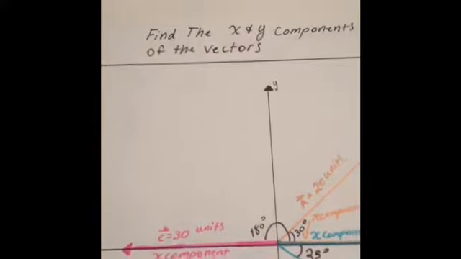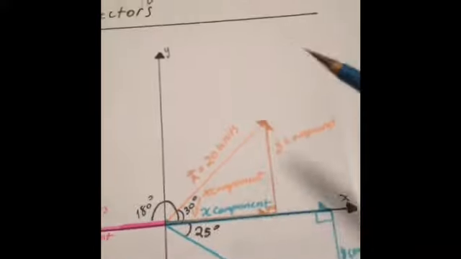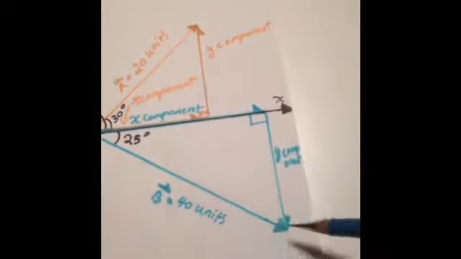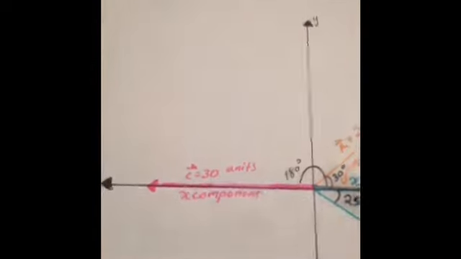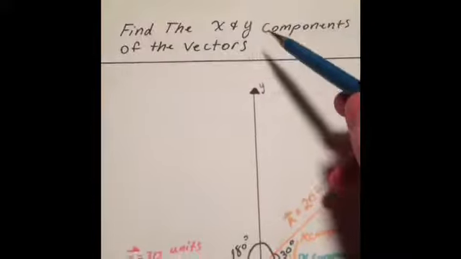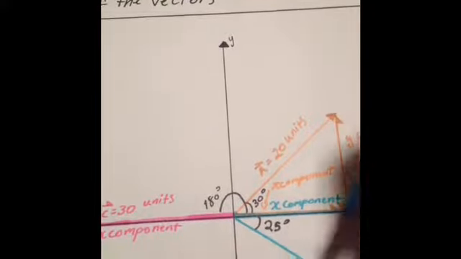Alright, so now we're at our second part. We've already identified our vectors A, B, and C. Now what we're doing is finding the x and y components of these vectors.